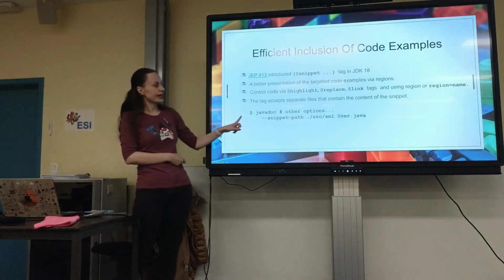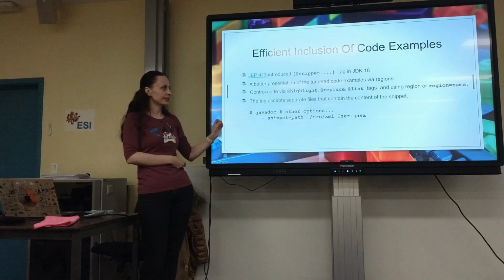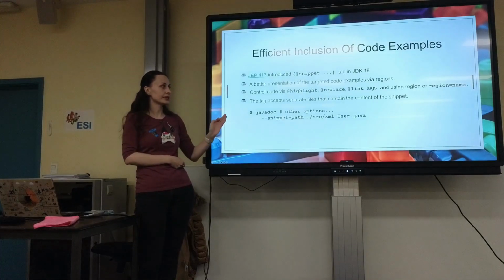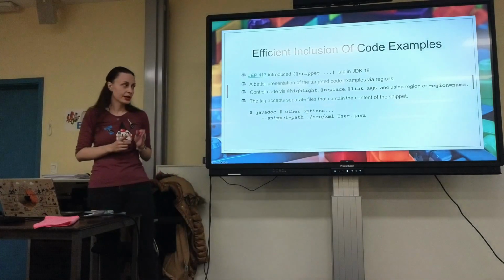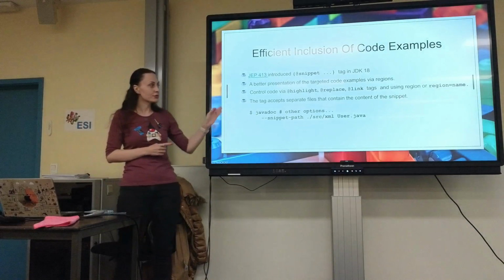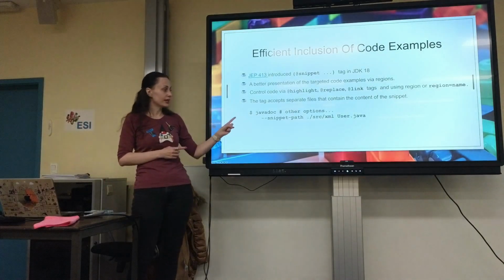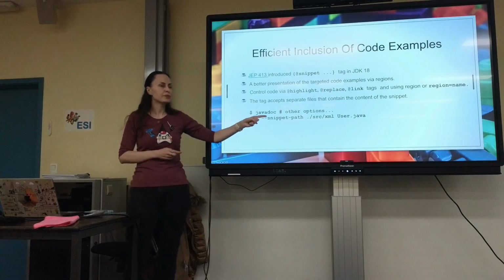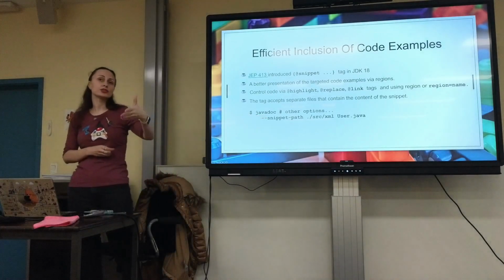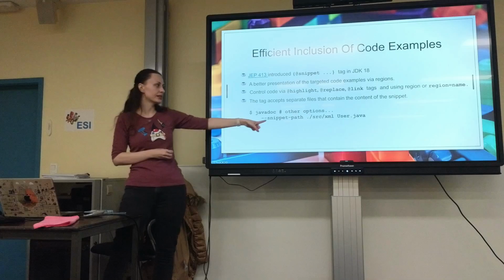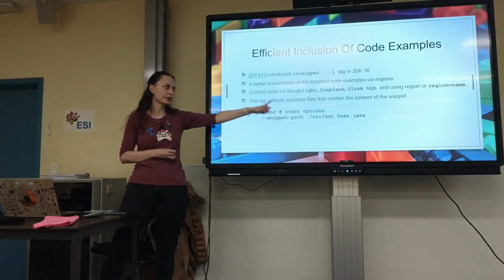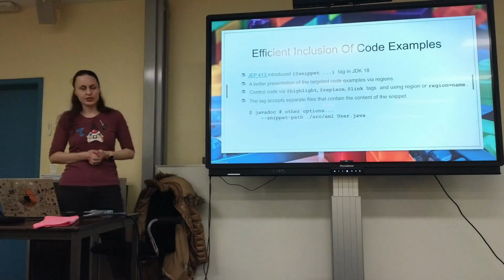So this tag accepts separate files that contain the content of that snippet. And moreover, if you run javadoc, you can specify the snippet path, the path to that XML that you extracted. So in this case, --snippet-path source XML, and of course, user.java being my class.